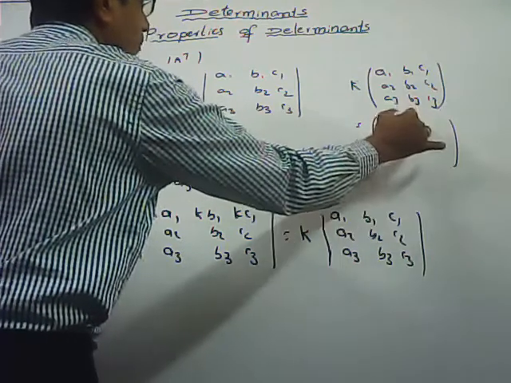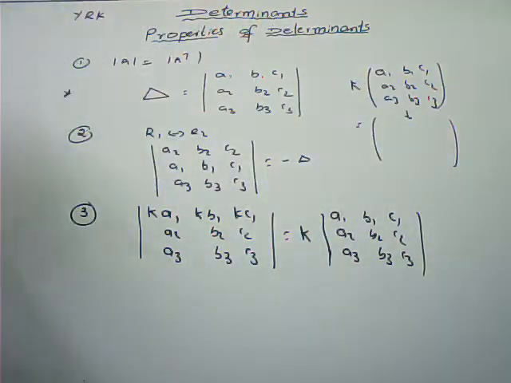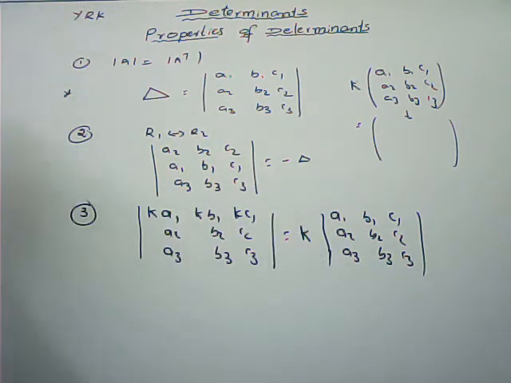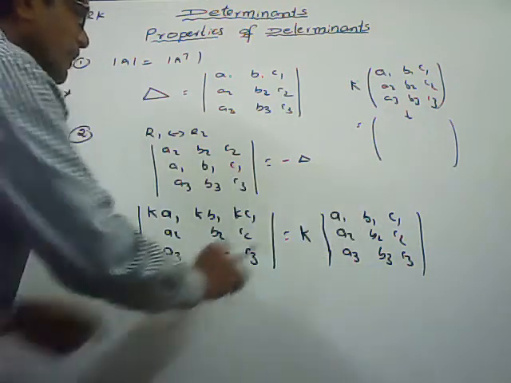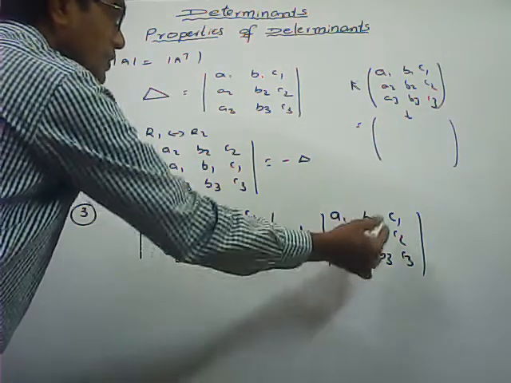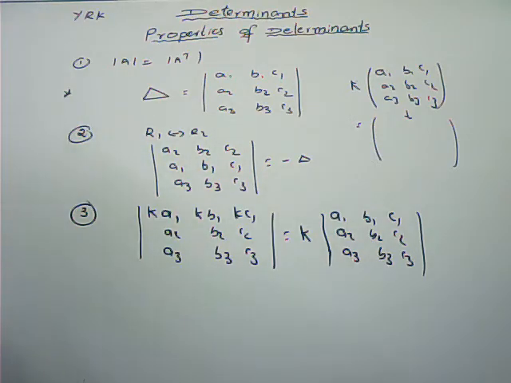Every element in the matrix should be multiplied by that non-zero real value k. But here, in scalar multiplication of a determinant, every element in a particular row or column, only one row or only one column, should be multiplied by k, not every element. So here I can write ka1, ka2, ka3, b1, b2, b3, c1, c2, c3, like that.